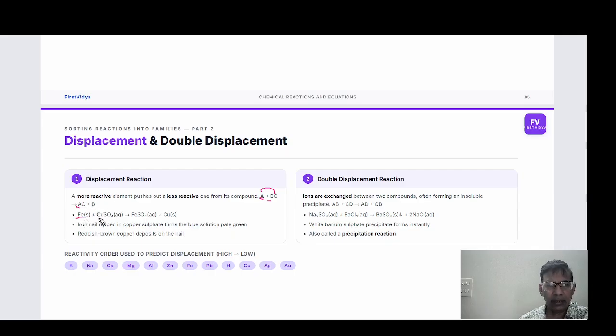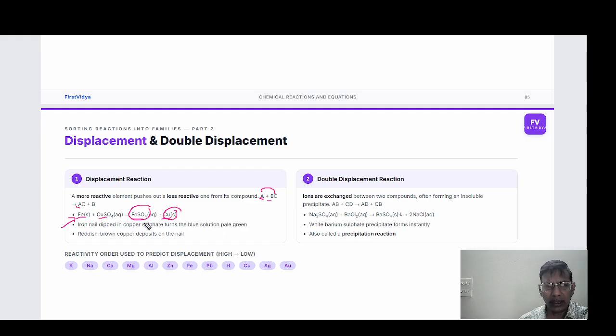Fe plus CuSO4, it makes FeSO4 plus copper. So what happens? Because here iron is more reactive than copper, it will combine with the sulfate, and a new product FeSO4 will be formed, and copper will be precipitated. So an iron nail dipped in copper sulfate. The blue copper sulfate solution turns pale green.